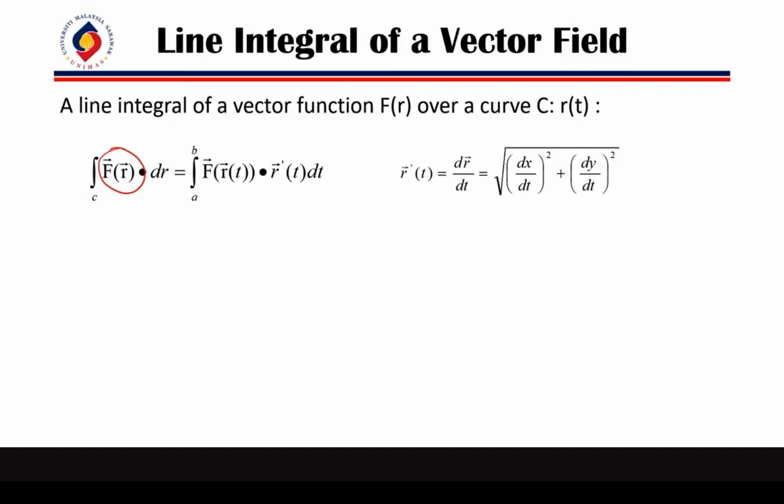For the scalar field, the function is a scalar function. For the vector field, it is a vector function. We know that a vector function is denoted by the unit vectors i, j, and k.